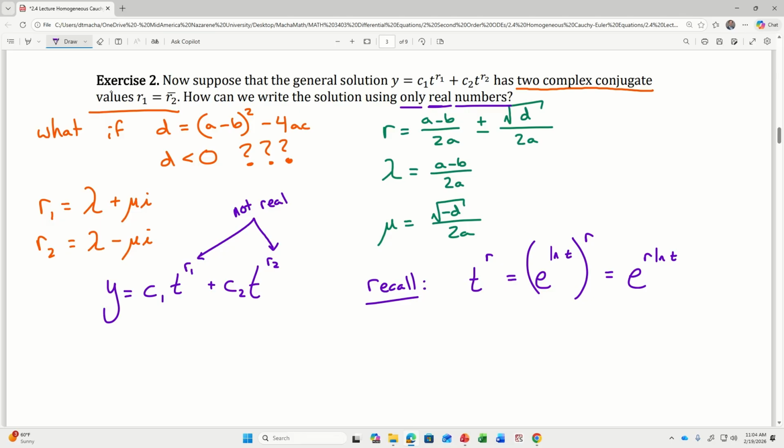And then since we have this as our definition of r, a real part plus an imaginary part, we could write this as e raised to the power lambda plus or minus mu i times natural log of t.